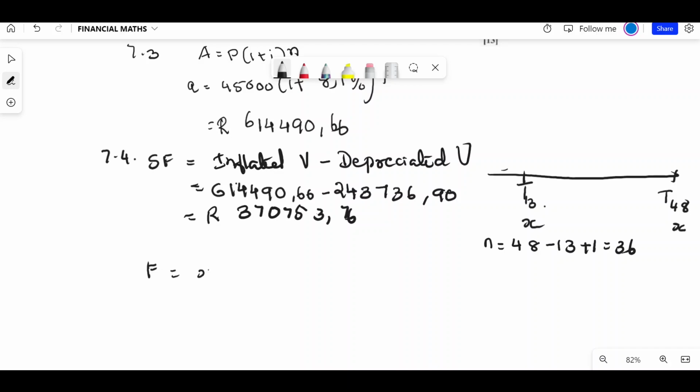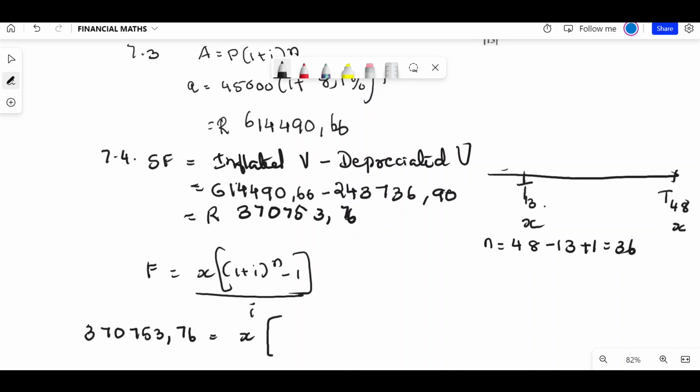F equals x times ((1 plus i) to the power n minus 1) divided by i. Future value we calculated, 370,753.76. We are calculating the monthly payment.